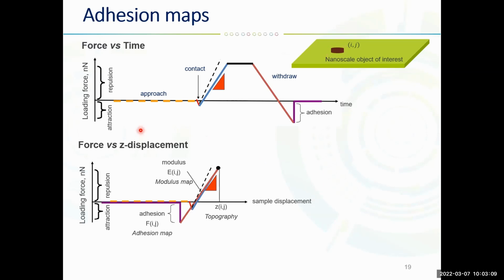Now please look at the bottom graph. This is the force versus displacement graph. Here we have a full force snapshot, and we need to look at the different points along the experiment.